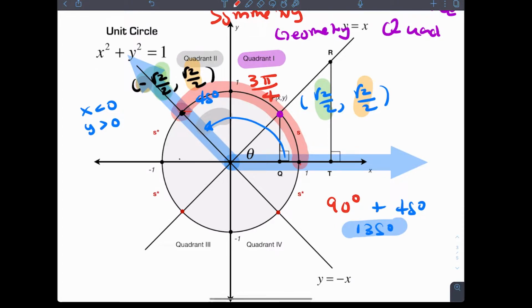From here to here is pi over 4, 2 pi over 4, 3 pi over 4. Anyway, convert it. We're on our way. You guys okay with that? So I know the angle is 135 degrees. Arc length is 3 pi over 4.